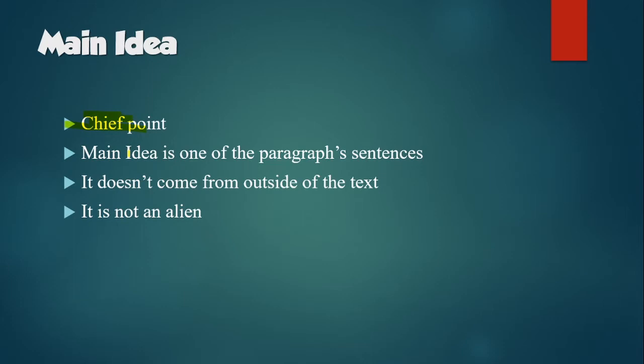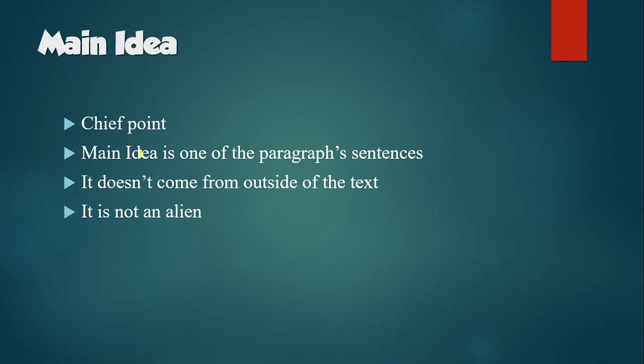Once you have extracted the main idea from the text, it will be easier for you to get the insight of the text, and eventually you will build a kind of understanding, or you will build a kind of interest in the reading. The main idea doesn't come from outside of the text.